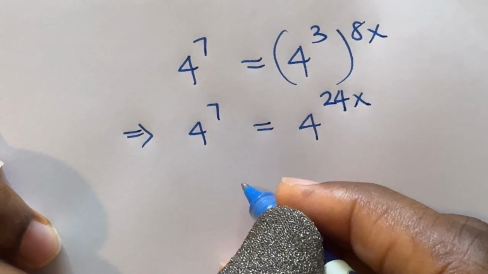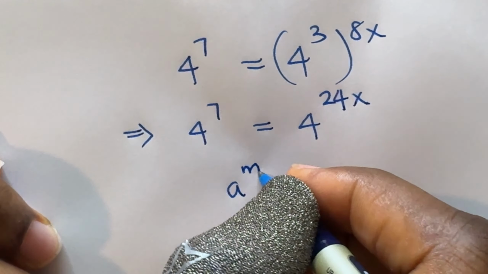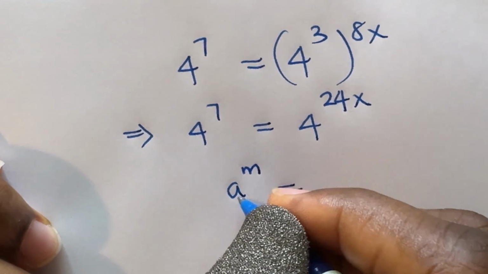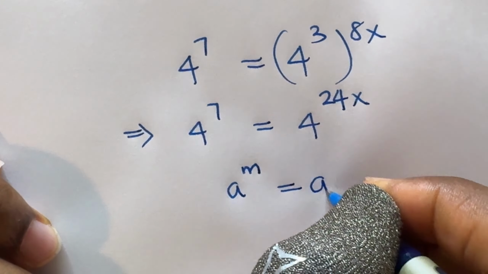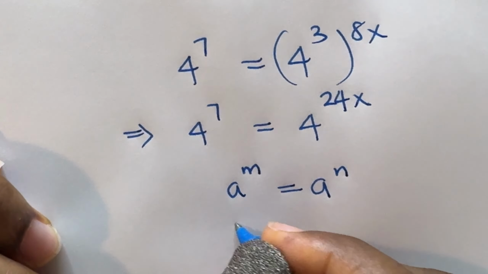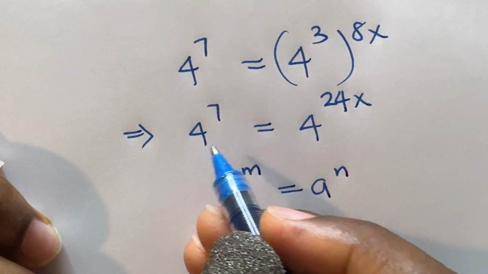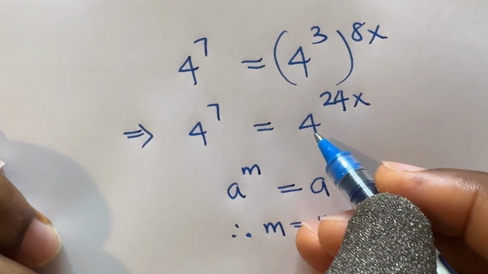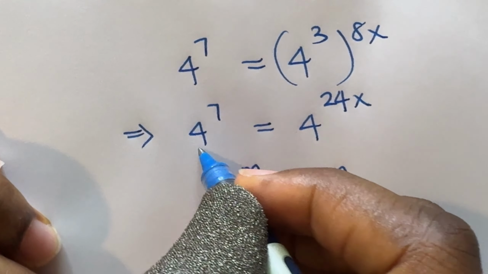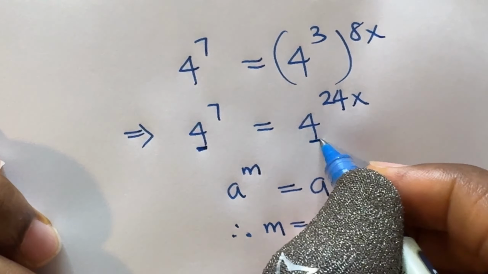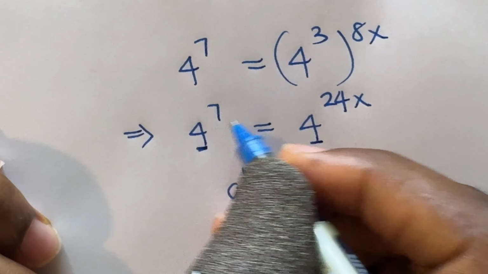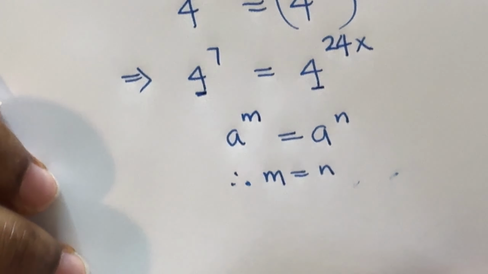Now by indices, given a raised to power m is equal to a raised to power n, therefore m must be equal to n. This is 4 raised to power 7, this is 4 raised to power 24x. We have 4 as the base in both cases, therefore 7 must be equal to 24x.